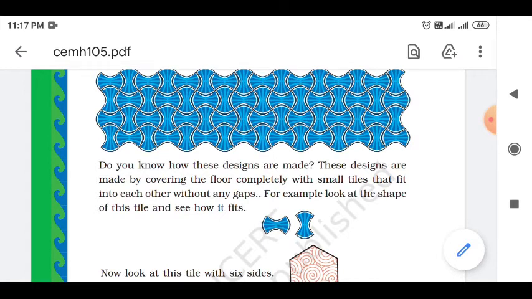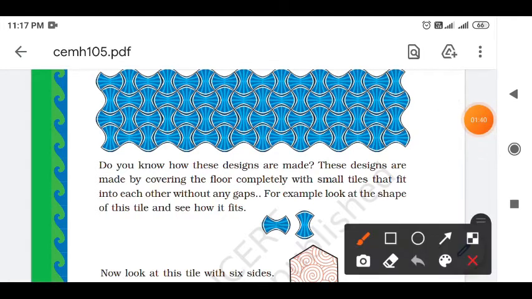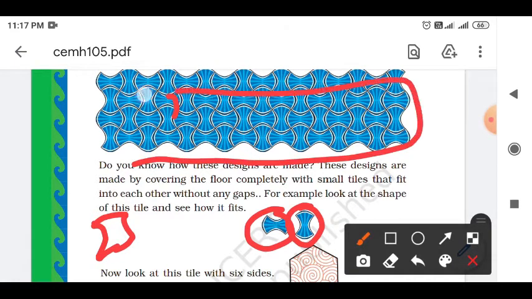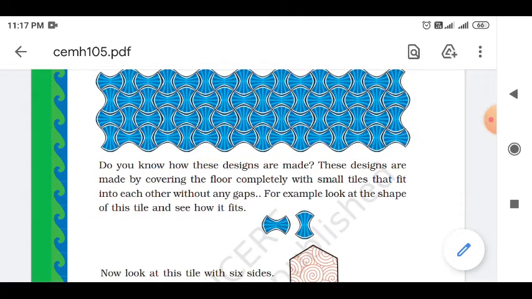For example, look at the shape of the tiles and see how they fit. See, the shape is like this, already shown here. If they are arranged like this without a gap, it looks like this, right? You can observe the tile pattern.